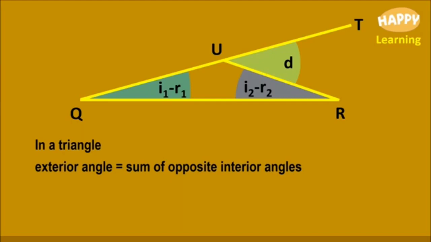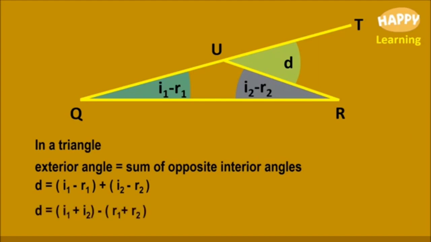D is equal to (I1 minus R1) plus (I2 minus R2). After rewriting, we get D is equal to (I1 plus I2) minus (R1 plus R2). Let it be equation number 1.